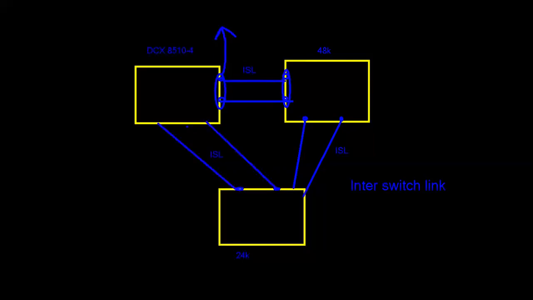That means we are wasting 4 ports on each switch to establish the communication between those switches. If you have more switches, you have to use more ports. That will be a waste of ports. So in order to reduce this wastage of ports, they brought a concept called ICL. ICL means inter chassis link.